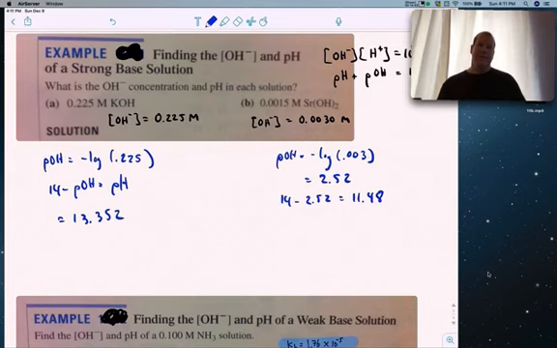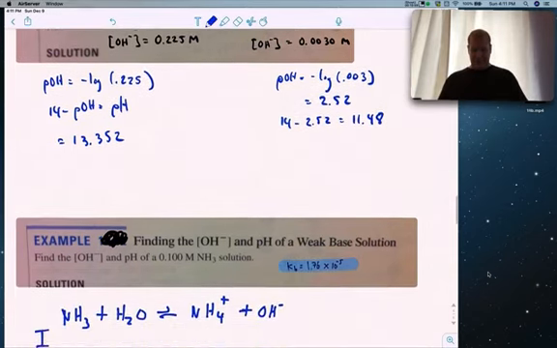I like to do it that way. You can do it the other way with the equilibrium expression, where OH minus times H plus is 10 to the minus 14, solve for the H plus that way, and do the minus log of that, but I like doing it the logarithmic way. So whichever way floats your boat.